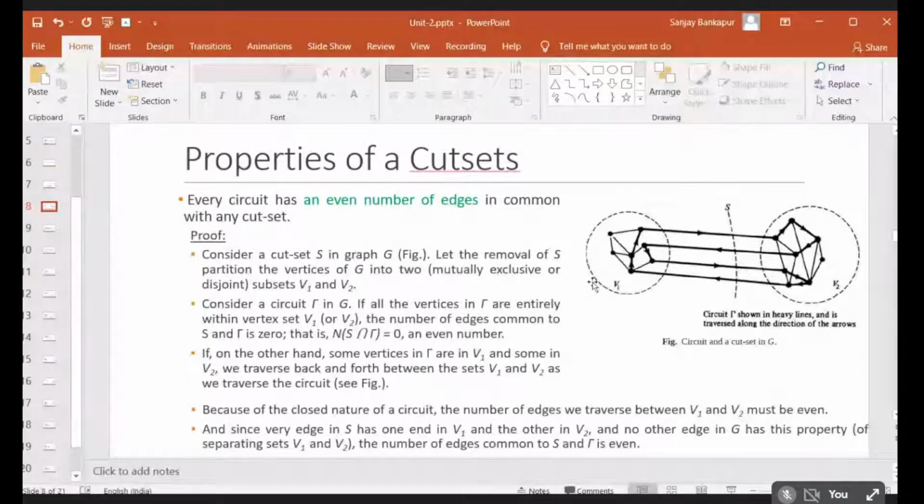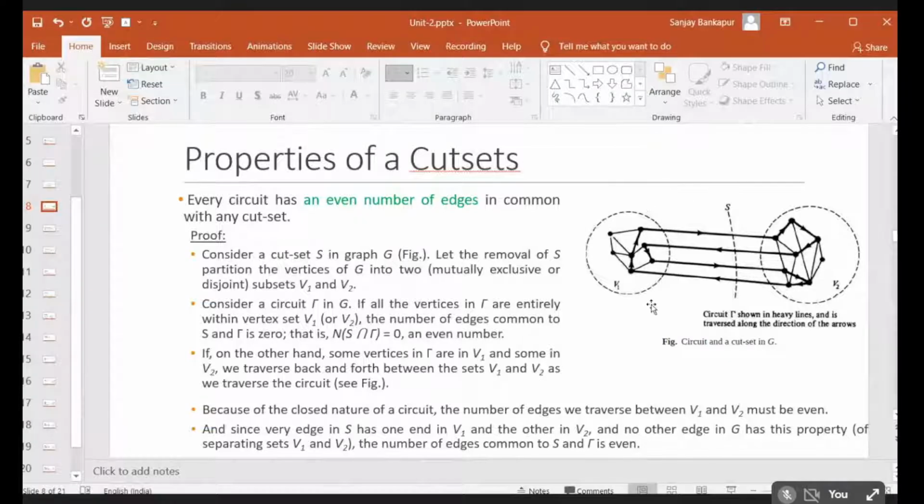The proof starts with the concept of V1 and V2. V is the vertex set and E is the edge set. In a given graph G, let's say it has vertex set V, and this cut set divides the graph into two.